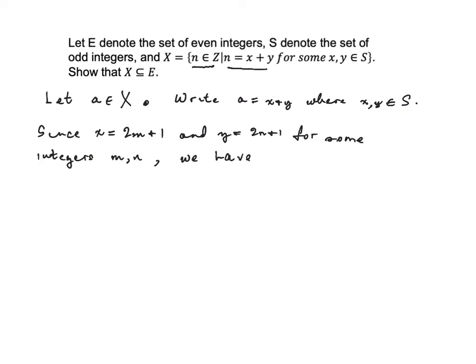We have that A is x plus y. But x is 2m plus 1, and y is 2n plus 1. And once the dust settles on that calculation, what you get is that's 2 times (m plus n plus 1).